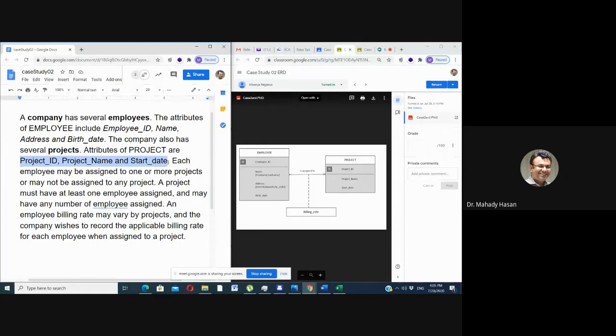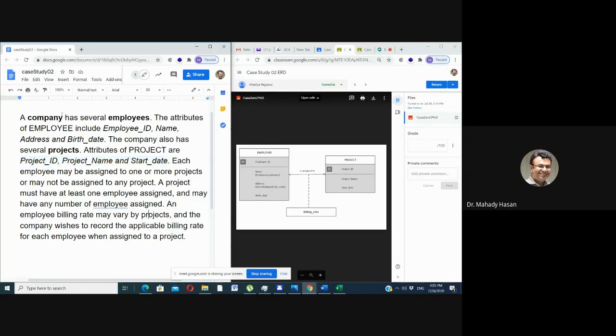These are the 3 attributes of project. Each employee may be assigned to one or more projects or may not be assigned to any project. A project must have at least 1 employee assigned and may have any number of employees assigned. An employee's billing rate may vary by project, and the company wishes to record the applicable billing rate for each employee when assigned to a project.